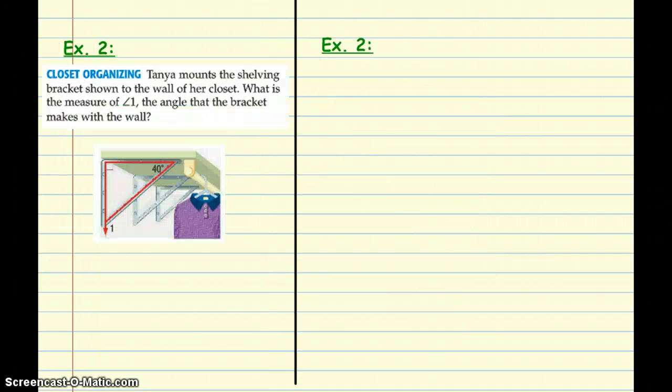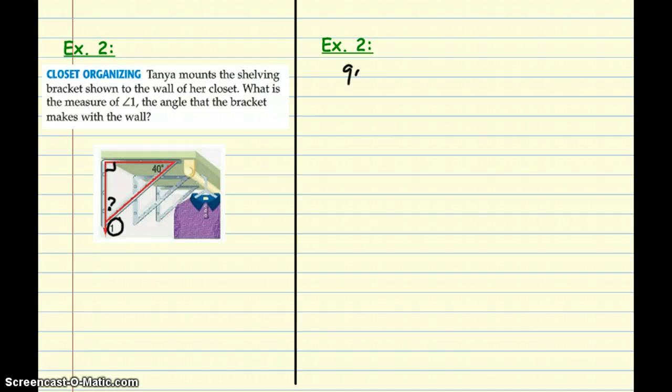Next one. We're going to make a shelf in our closet, and so we need to figure out the measurement of angle 1. Here's one of those exterior angles. We see in the diagram that we have a 90-degree angle and a 40-degree angle, and we're trying to find the measurement of angle 1. The first thing we need to do is find the measurement of that angle right there.